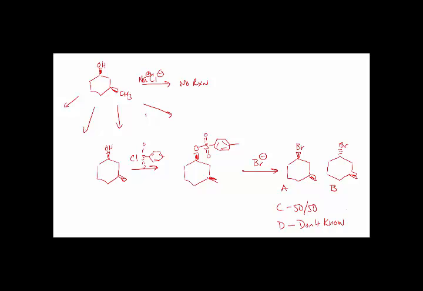Which step? Well, we don't know if it's 50-50. So if we take this and make it a tosylate with tosyl chloride and react it with Br minus, what do we get? A, B, C, or don't know? The don't know being the option if you don't know.